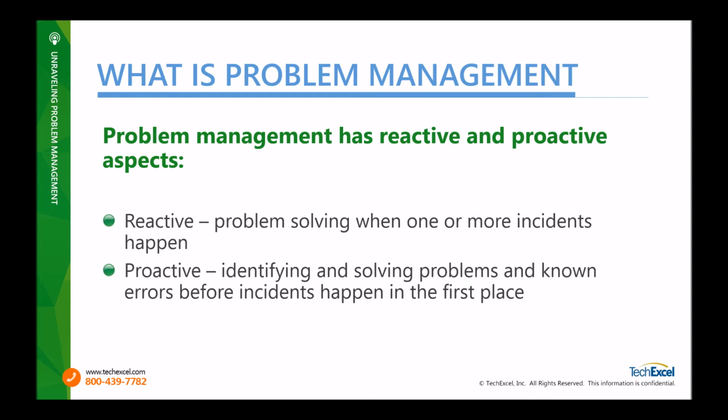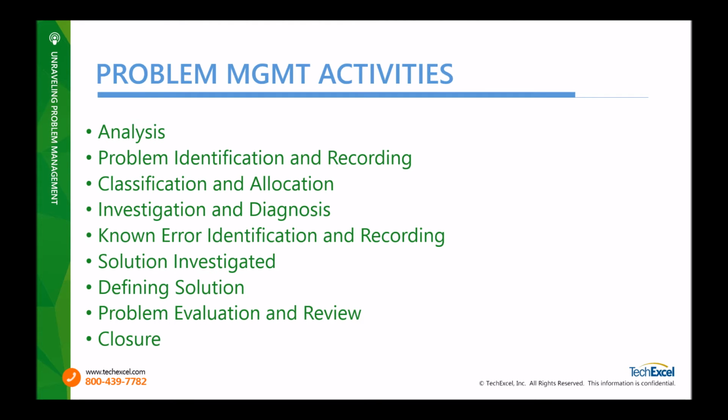Proactive problem management, on the other hand, is a newer sub-process within problem management. It's much more difficult to implement, as it means you need to identify and prevent potential problems before they happen. So you'll need to look at trends, availability and capacity thresholds, and look at targeted preventive actions.